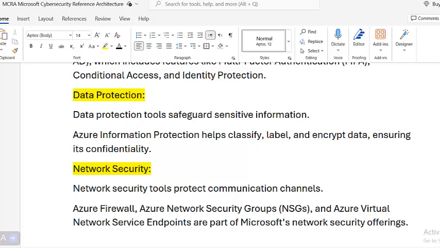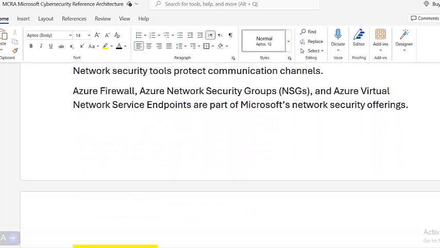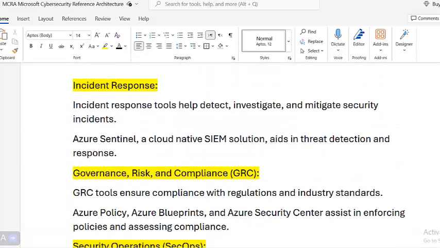Azure Firewall, Azure Network Security Groups, and Azure Virtual Network Service endpoints are part of Microsoft's network security offering. Incident response. Incident response tools help detect, investigate, and mitigate security incidents. Azure Sentinel, a cloud-native SIEM, aids in threat detection and response.